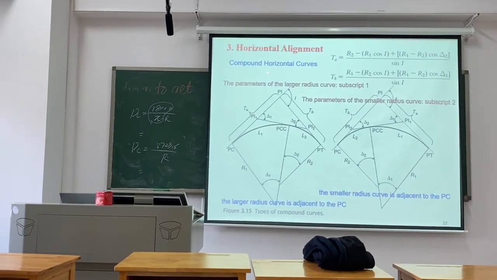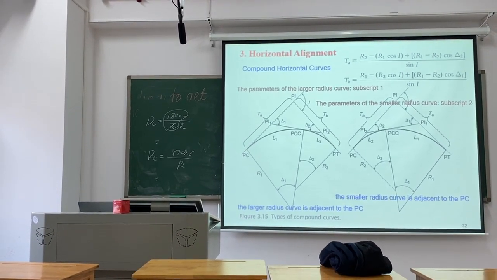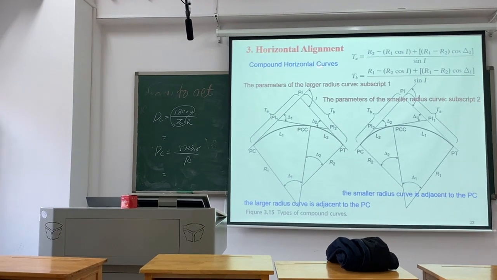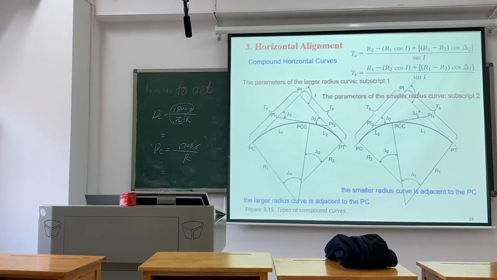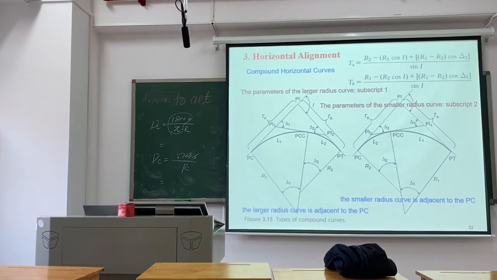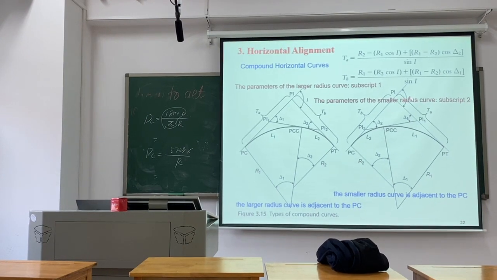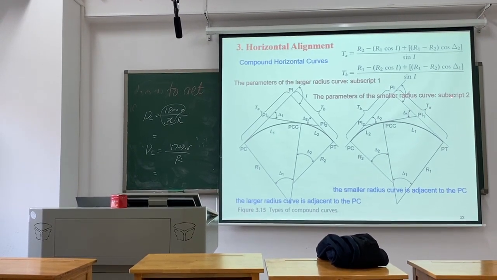Now, there are also compound horizontal curves. The parameters of the larger radius curve take subscript 1, but the smaller is subscript 2.